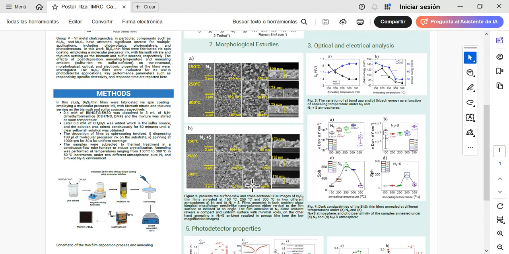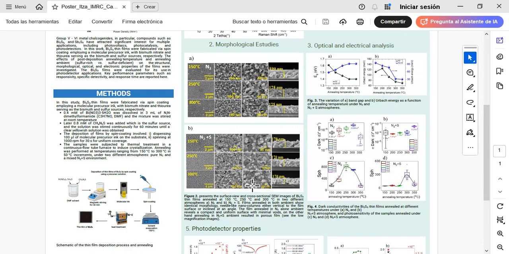The nitrogen-alone ambient reveals a compact and uniform surface with minimal voids. On the other hand, annealing in the nitrogen plus sulfur ambient resulted in porous films.